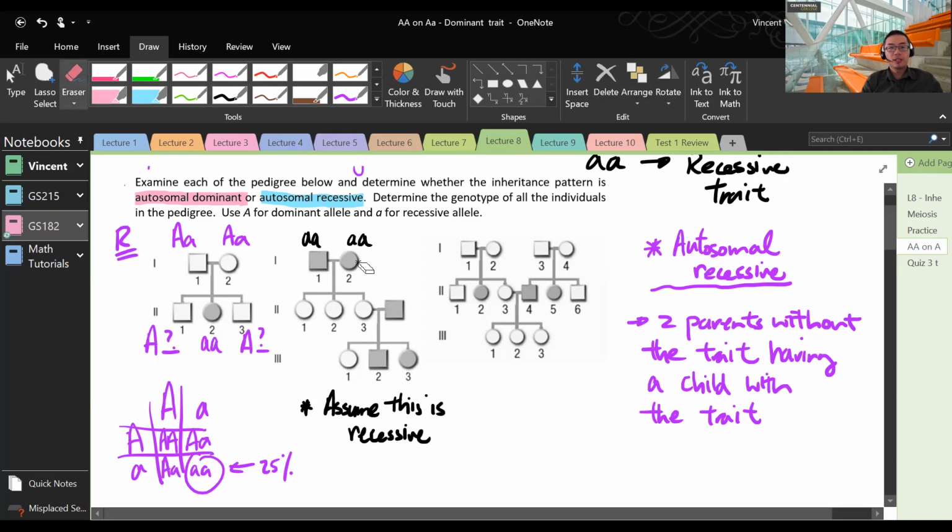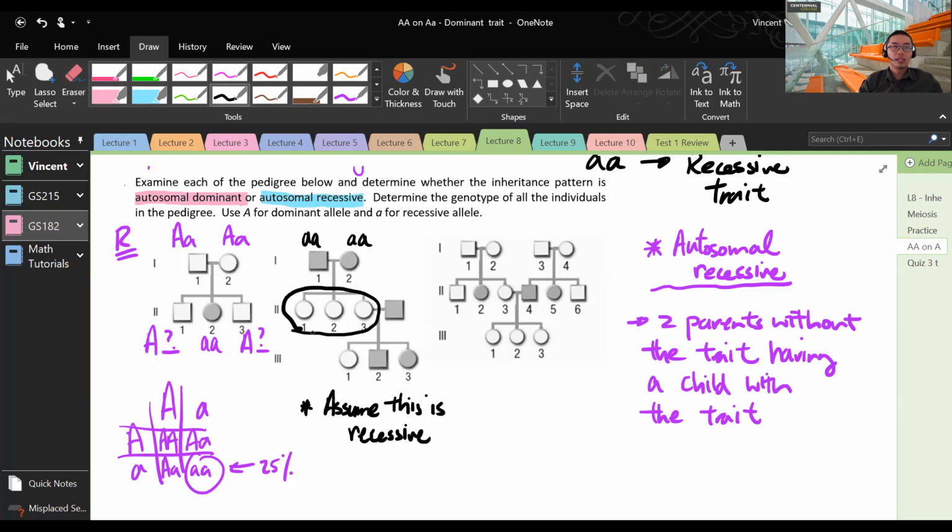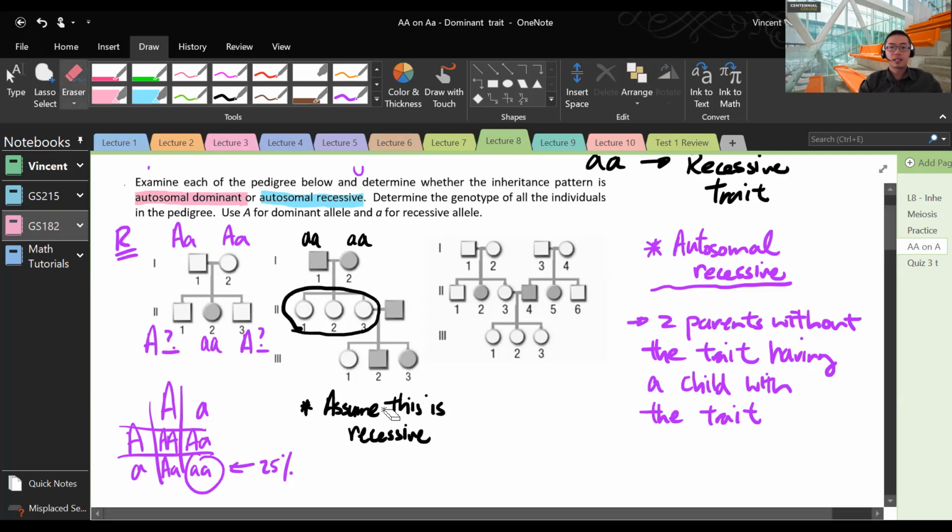Now, if the father and the mother are both small a, and we are following this recessive pattern, then that means all of their kids should have the trait, but they don't. So that's how I know this is not recessive. I assumed this is recessive, but it cannot be. Why?